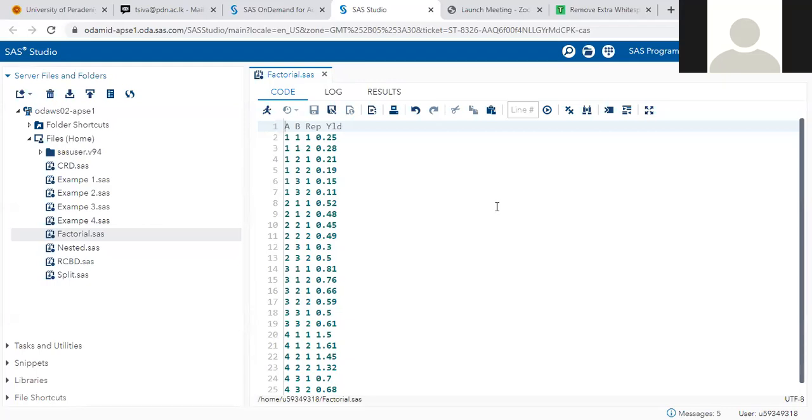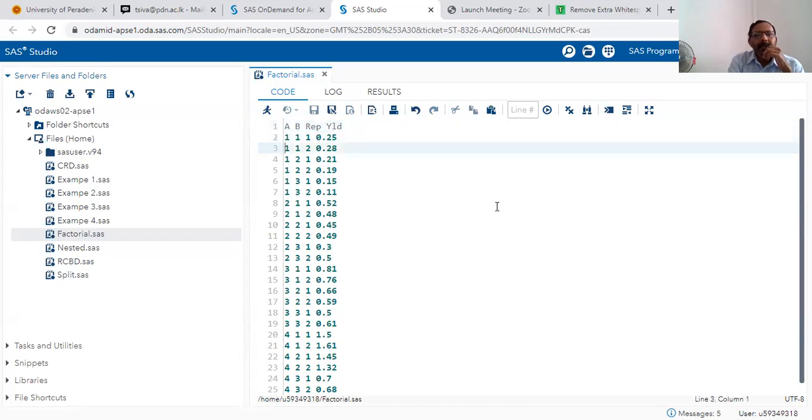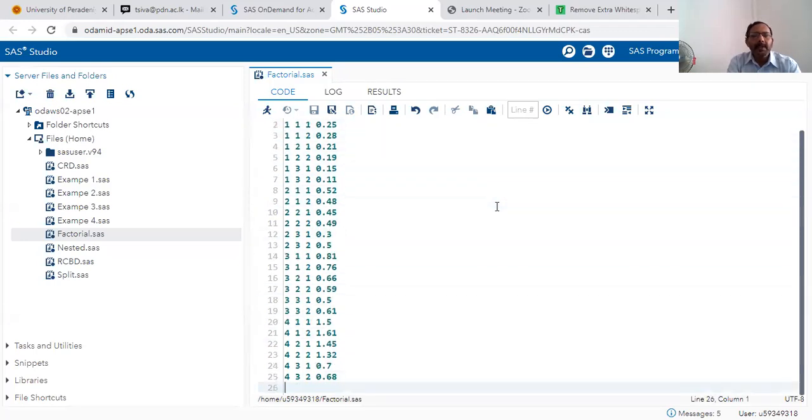So I have entered the same data. To reduce the time constraints, I have already entered the data in Excel and brought it using this remove white space. You could see here, I didn't write the program yet. I have simply transferred the data.